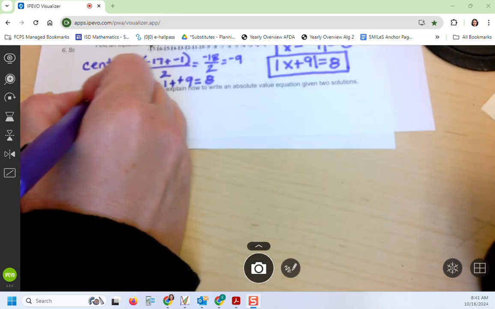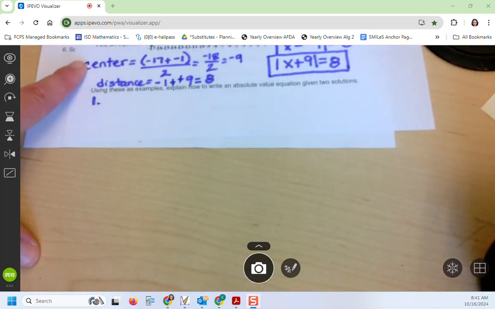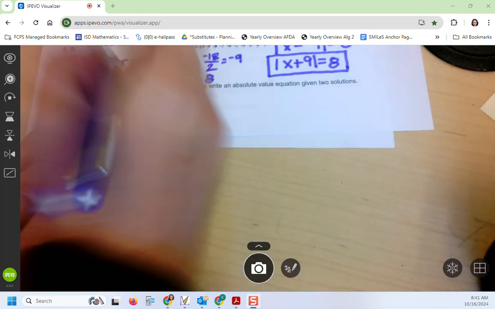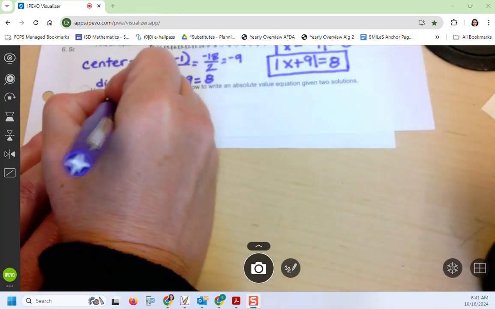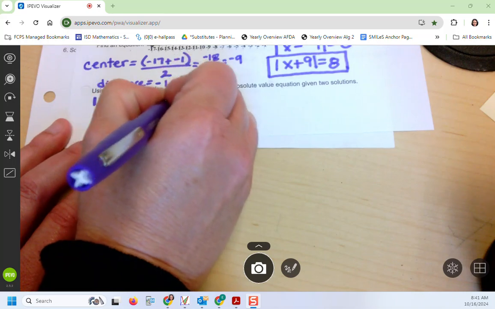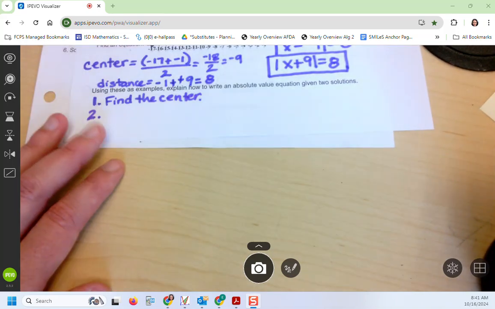Step 1. What did I find first in this problem? The center. So step 1 is find the center. You can count it out or you can average the two endpoints. So find the center. Step 2, find the what?